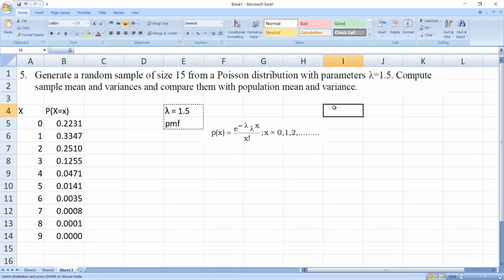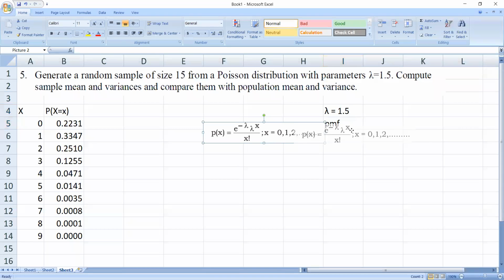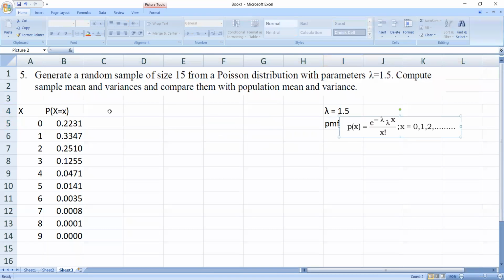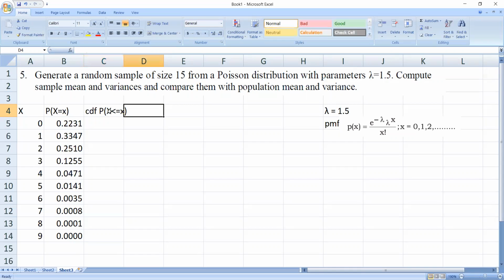Next, what are the next steps? Next, we'll need the cumulative distribution function, which is nothing but P of X less than or equal to x. And then we'll write the interval. And then we need random numbers.